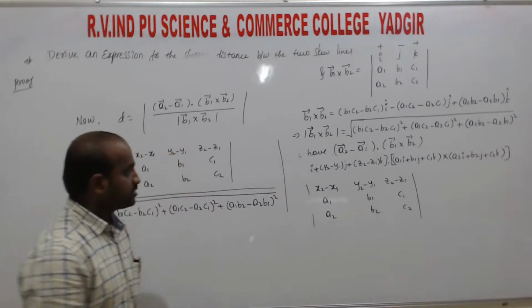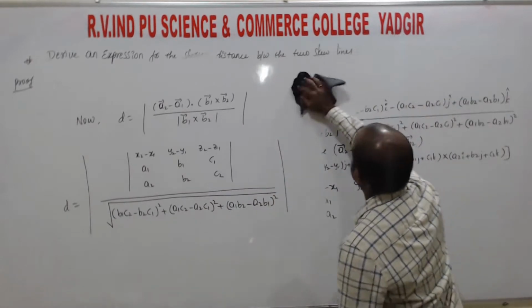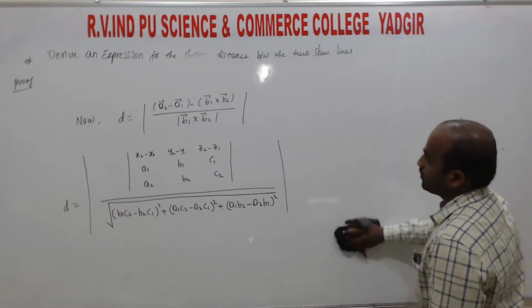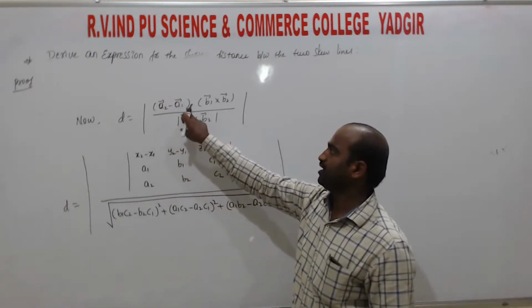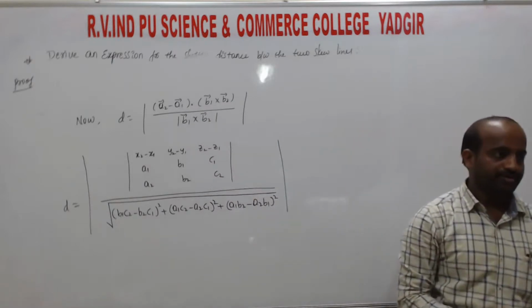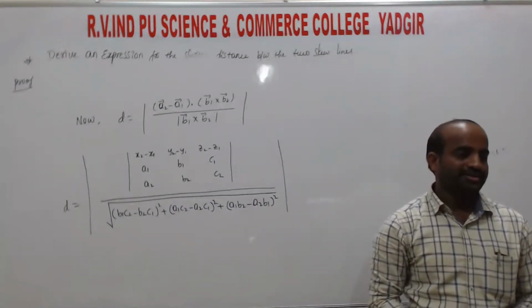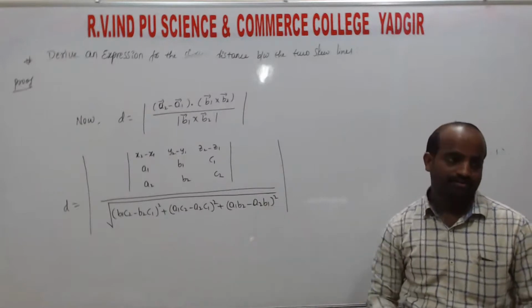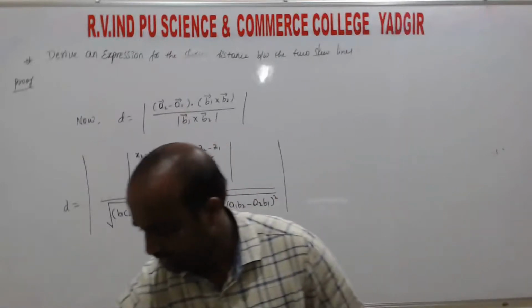The vector equations are important: D is equal to (a2 minus a1) dot (b1 cross b2) divided by the magnitude of b1 cross b2. Tomorrow we will do problems based on the shortest distance between two skew lines. Only the problems are important in this part, based on this theorem.